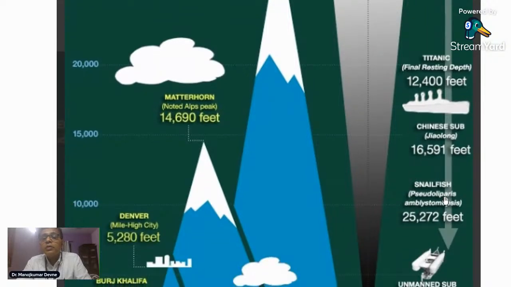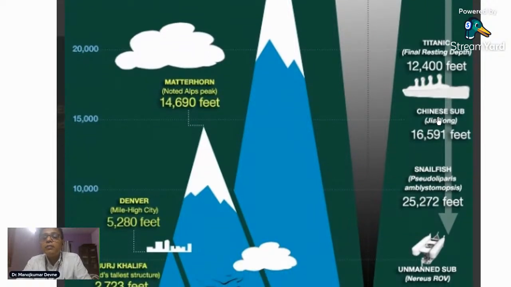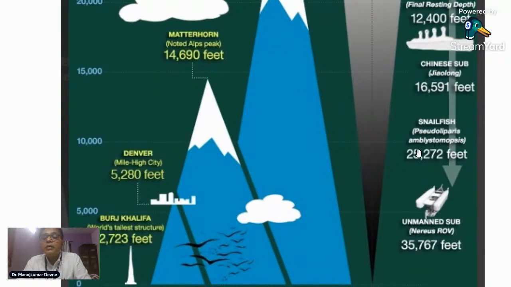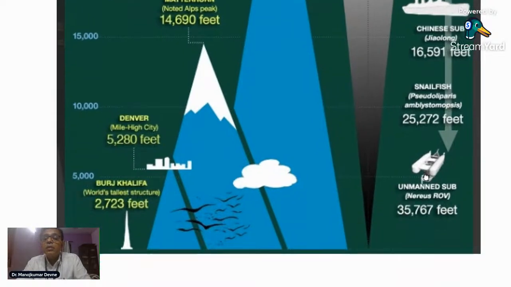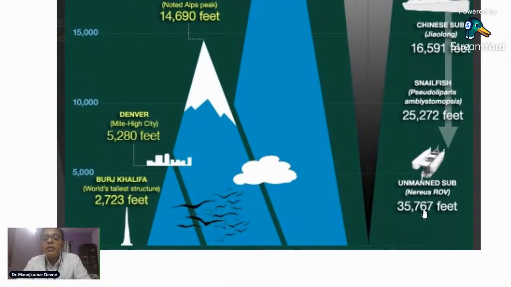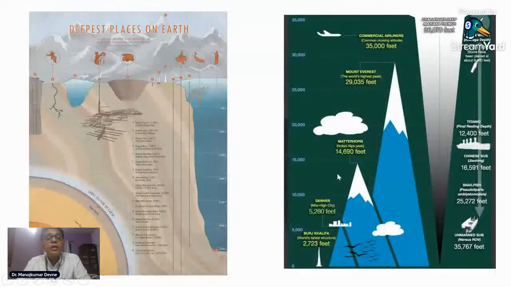And then you'll see that a China made submarine can dive up to 16,000 feet, 5 kilometers. And then snailfish with pseudopodia can be found 25,000 feet down. And then, as I said, an unmanned submarine has dived to a depth of around 35,000 feet as well.